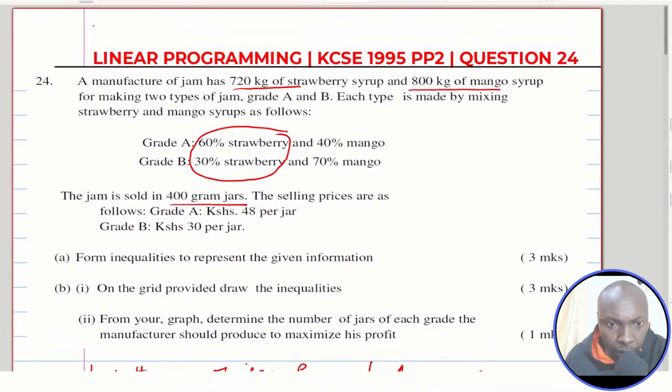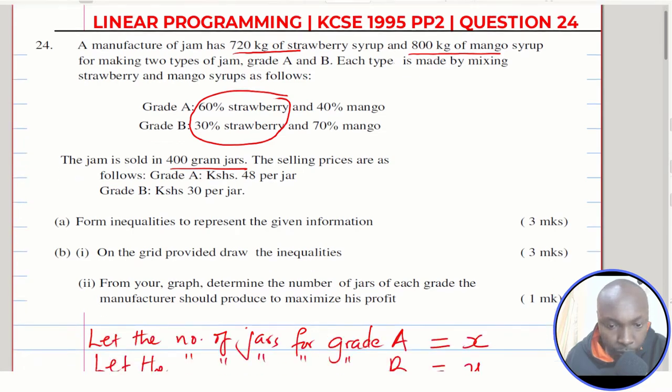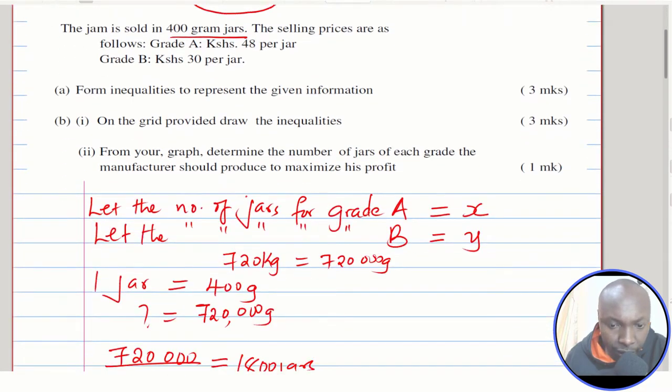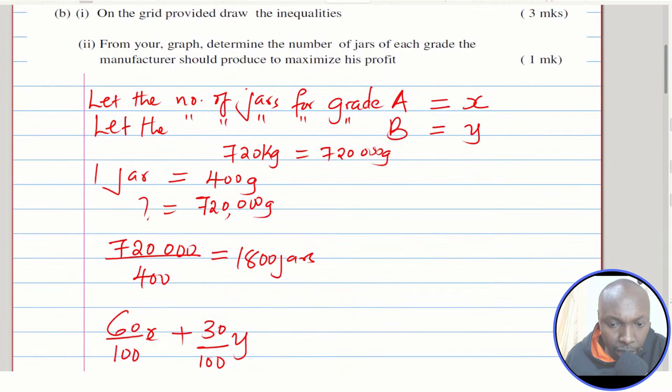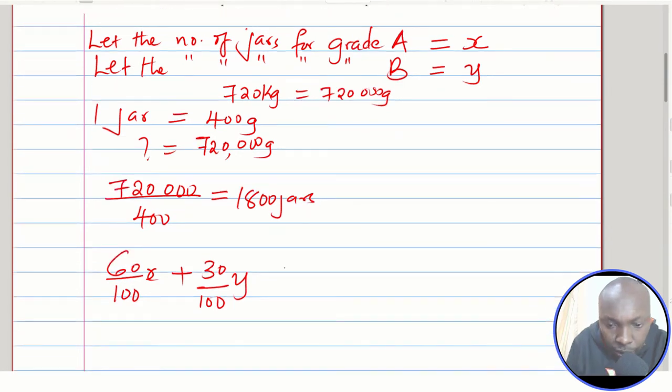And this should not exceed 720 kg, which we have already calculated will produce 1,800 jars. So it should not exceed, which means it is less than or equal to 1,800 jars.